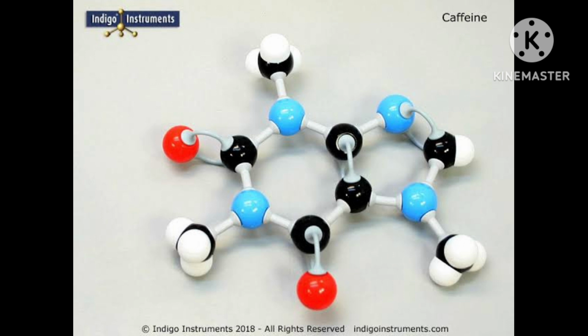The three-dimensional, that is 3D, structure of an organic molecule can be represented on paper by using certain conventions. For example, by using solid and dashed lines. A solid wedge is represented by a dark black triangular line.